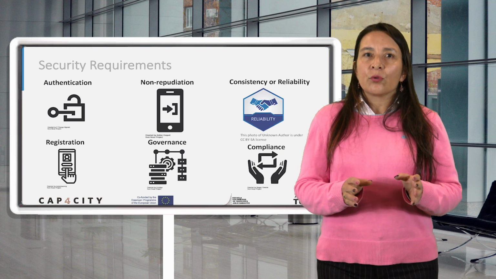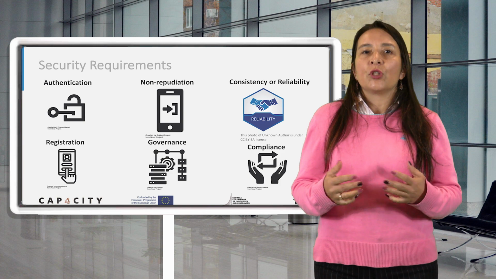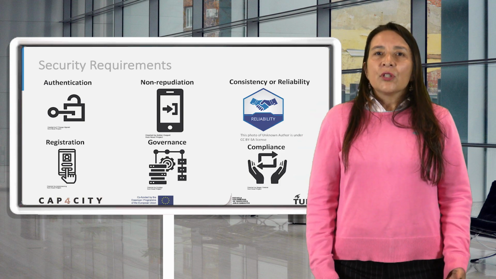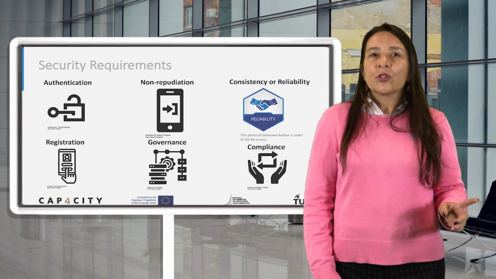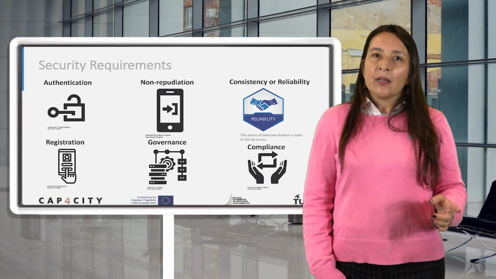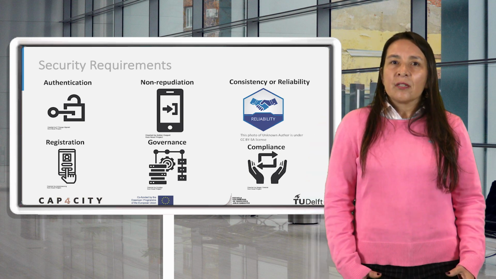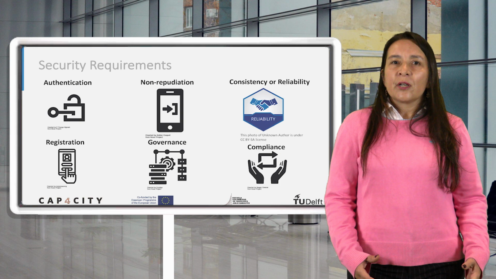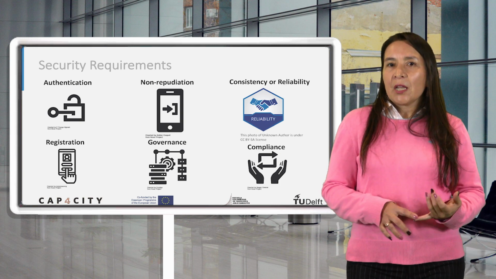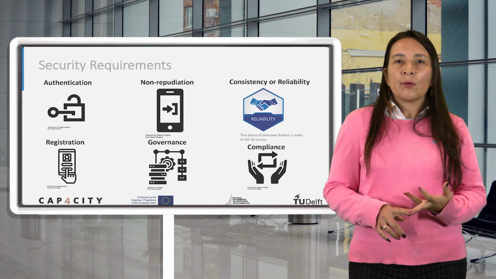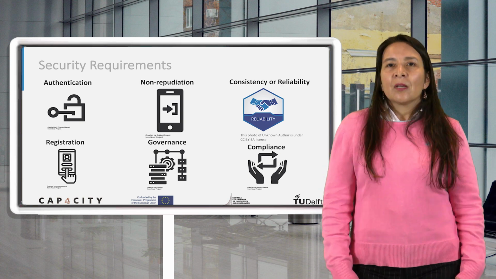It also refers to the ability to prove the occurrence of a claimed event or action and its originating entities. Consistency or reliability is the property of systems, although not exclusive to them, guaranteeing that their behavior is always the same under the same circumstances. Registration. This requirement refers to the fact that all actions within a computer system, applications, networks, and databases are registered for the purpose of subsequent audits.